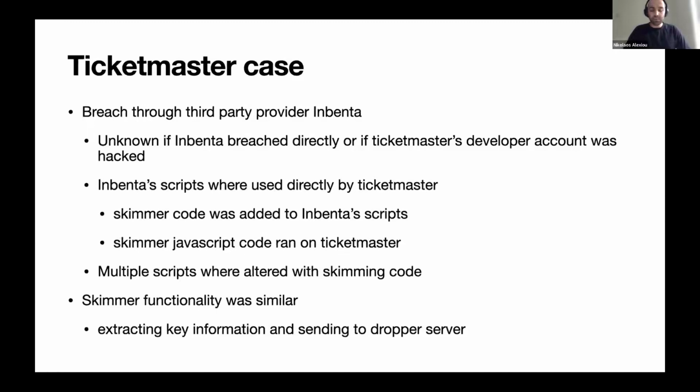So Ticketmaster was injecting their scripts from their own domain into their Ticketmaster websites. So what the hackers did is that they breached Inventa, injected their skimmer code in their scripts, so the actual skimmer code got reflected in Ticketmaster web pages.